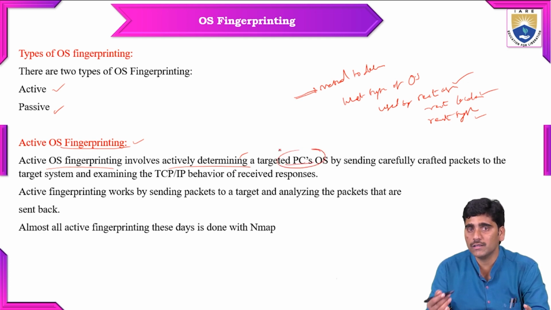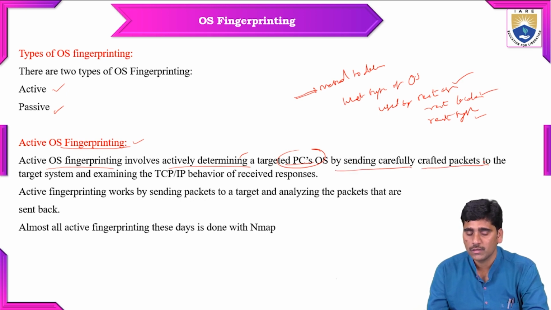So it directly involves determining the operating system, what type of OS is used by the remote system, which is done by sending carefully crafted packets to the target system and examining the TCP/IP behavior of the received response.